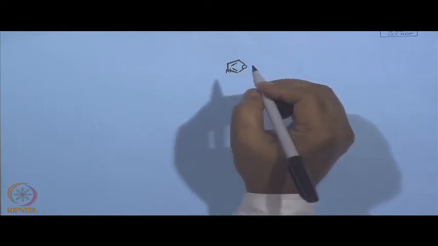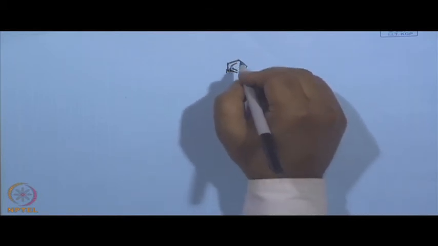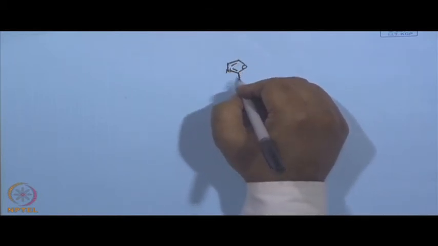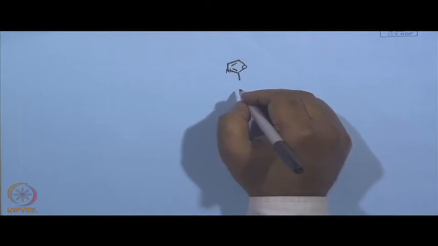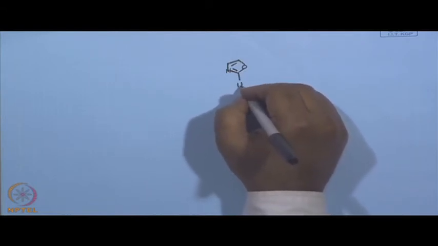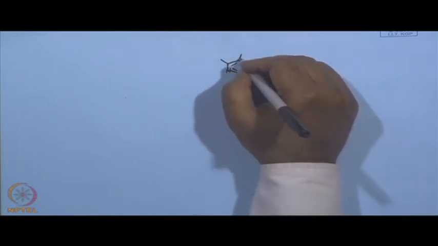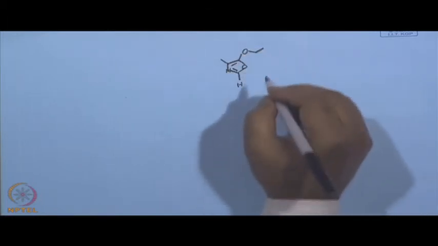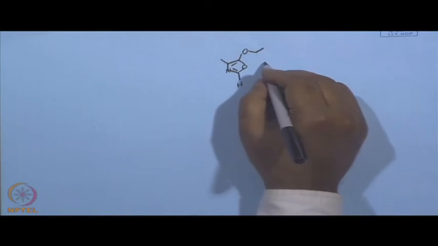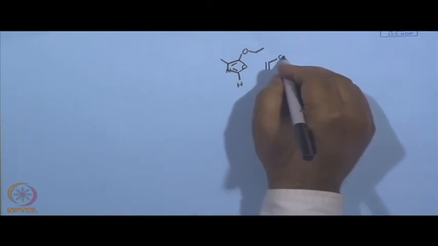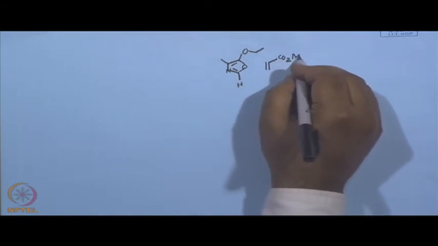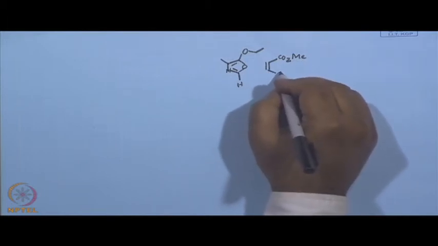If you begin with oxazole, let us say I will put hydrogen here, a methyl group here, and this O and ethoxy, and this carboxylic ester, and see whether this reaction would go or not.